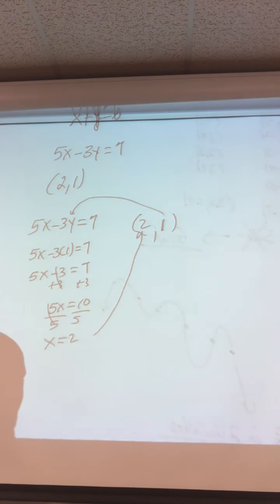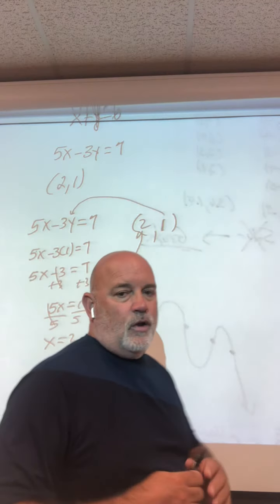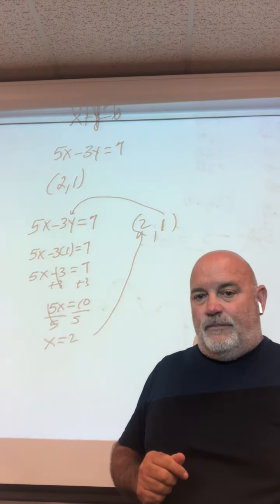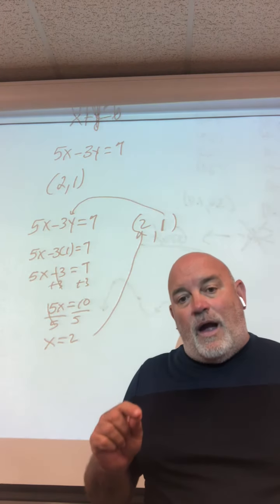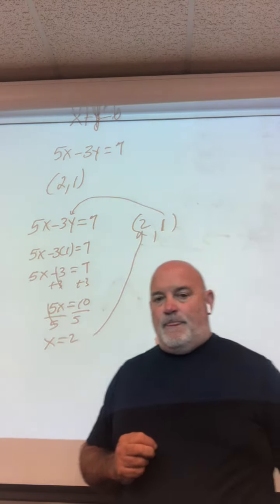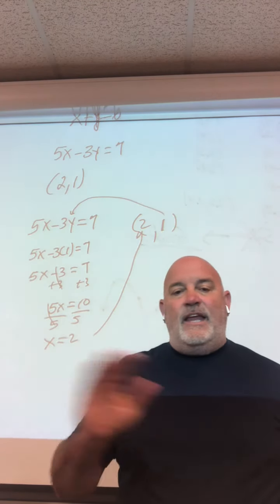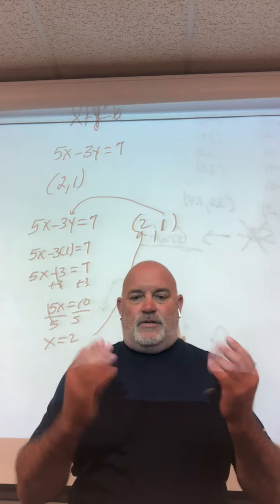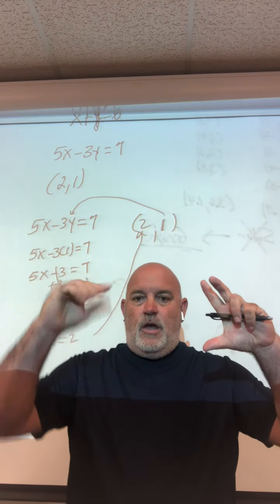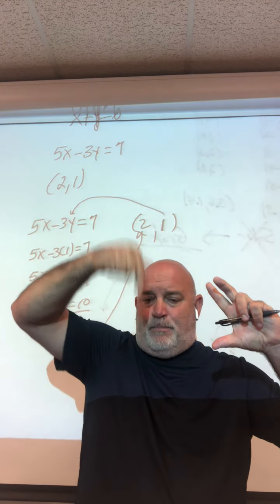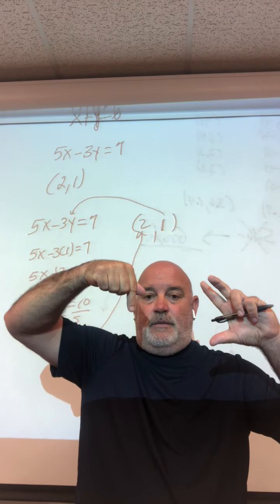So, let me tell you what we're basically going to do, and then that will conclude this video, and then we will do some in the next section. Here's how you graph a linear equation with 2 letters in it. You pick any number you want for x. I don't care what the number is. You got an ordered pair. You pick any number you want for x and put it in that first spot.